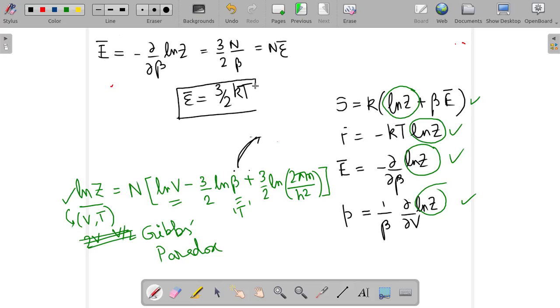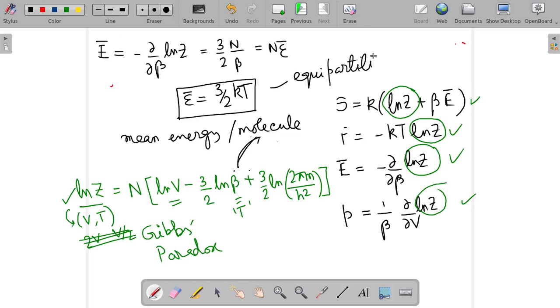So what is epsilon bar? It is the mean energy per molecule. From here what do we get? The equipartition theorem. Here the mean energy per molecule is 3/2 kT, dimension is 3. So per dimension a molecule has energy half kT. That is why it is 3 times half kT.